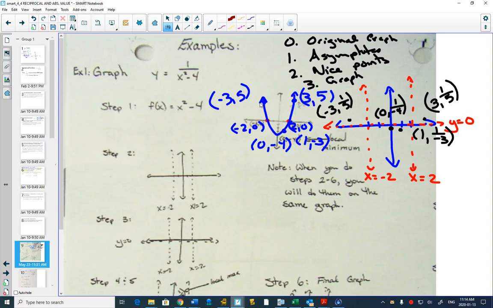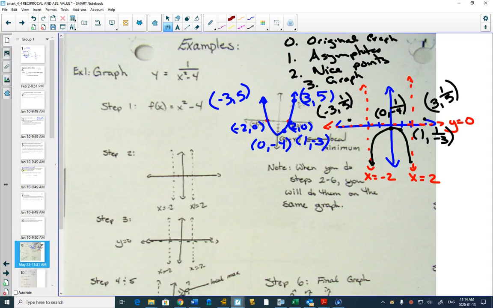And you could do as many or as few as you like. But just like when we were graphing our rational functions unit, you need to have at least one point in each of the sections. And now that I've graphed it, part 3, draw your graph.